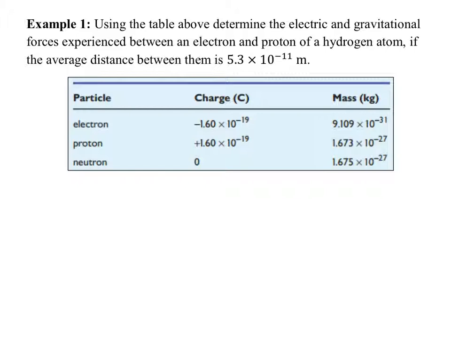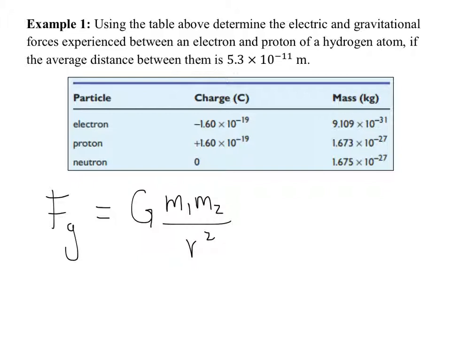If I want to find the gravitational force, I could use the formula for gravity. And you obviously should be able to do this by now because you've done it already. That's our formula. We know capital G, M1 and M2 are in the table. R is given in the problem itself. So we have everything.